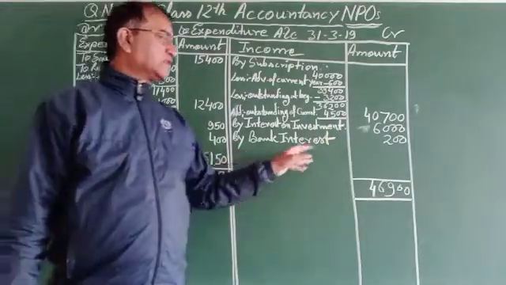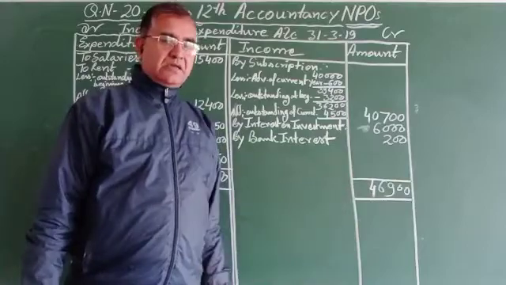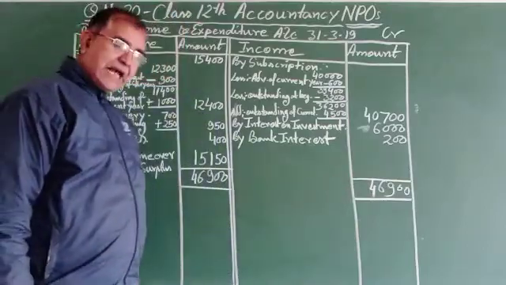By bank interest 200 given, rest of the amounts, they are the liabilities.